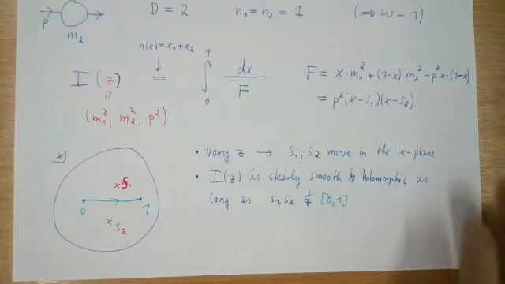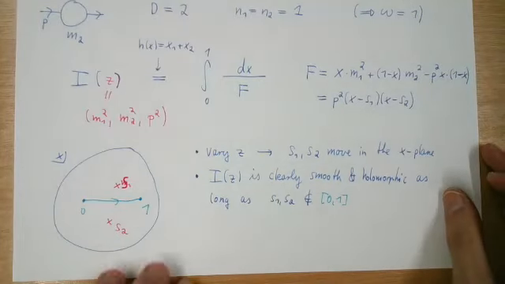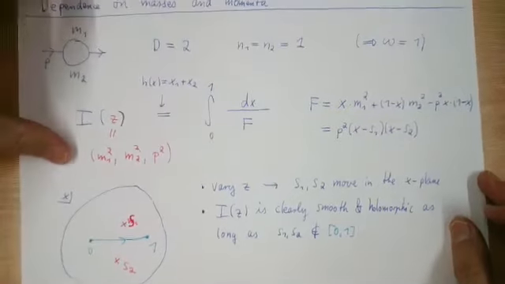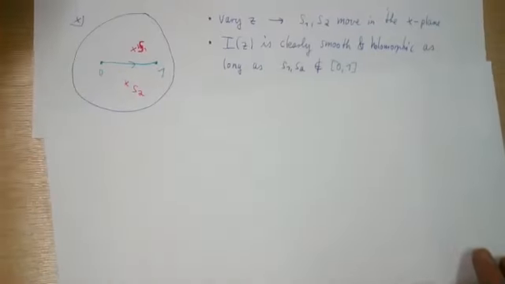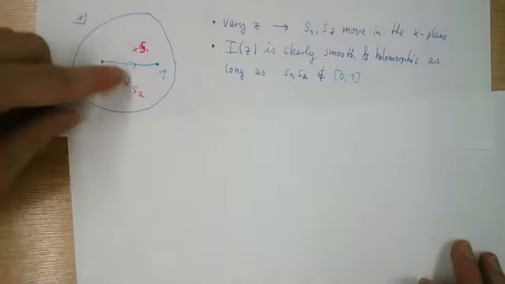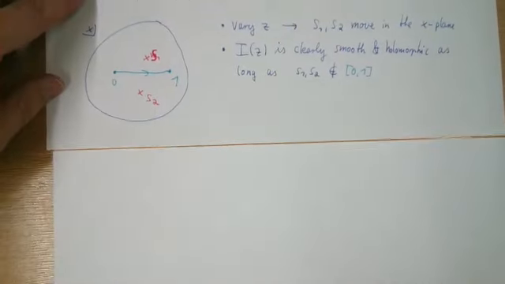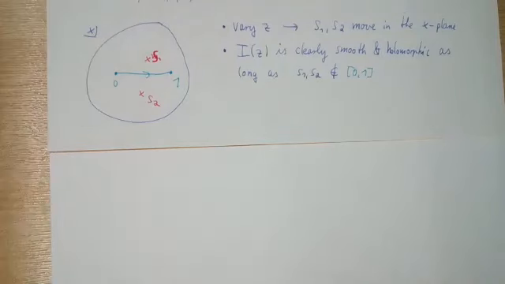Now, what happens when you're hitting the integration path? You may be worried that the integral becomes singular. Because if you're integrating very close to the singular point, then the integrand is unbounded and becomes infinite. So the integral would seem to blow up in this case.